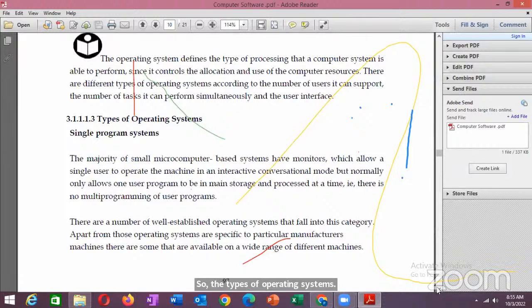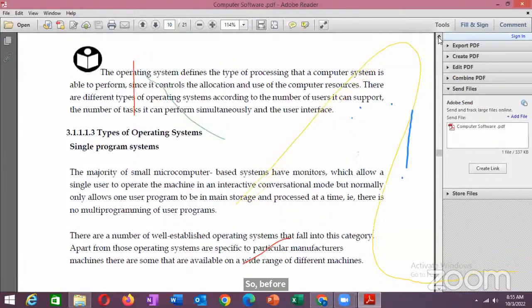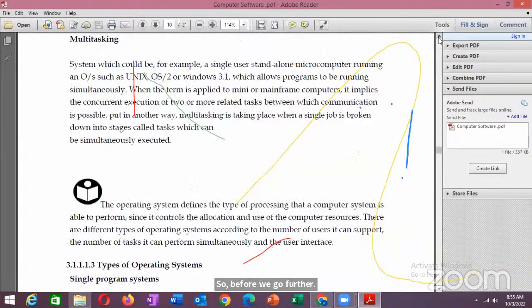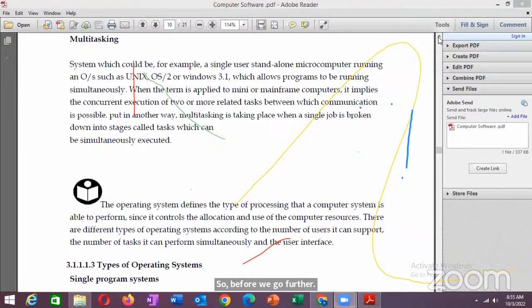So before we go further, maybe on your chat, can you tell us the types of operating systems you know? List the types of operating systems. I'm typing a question there.